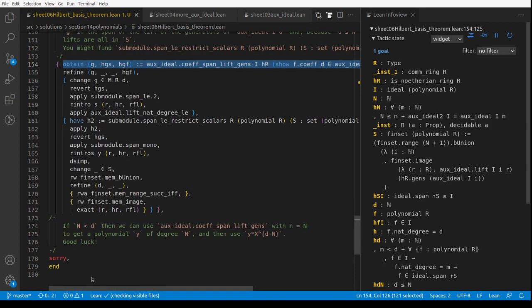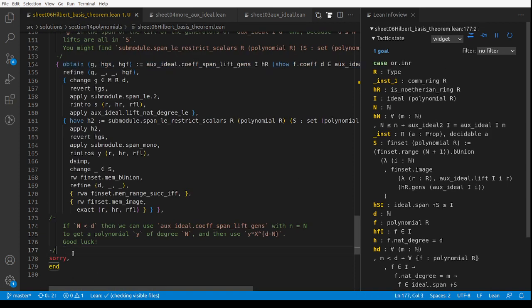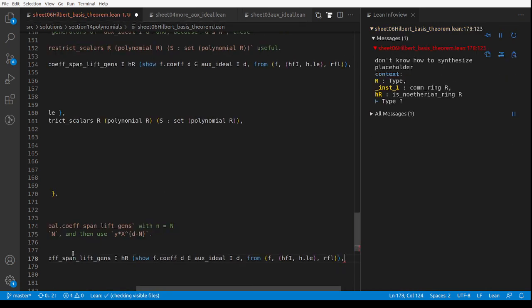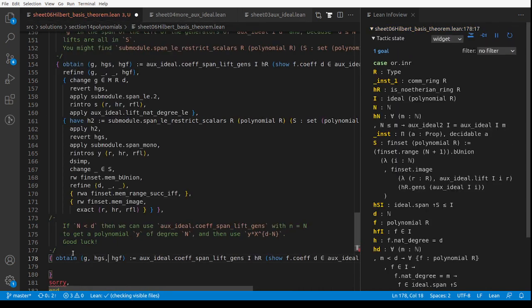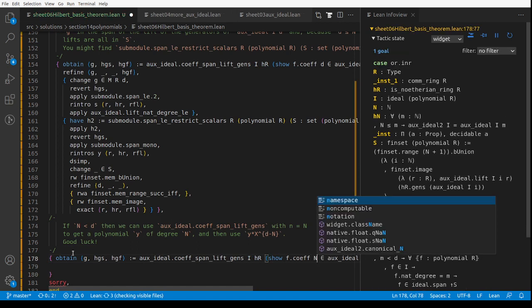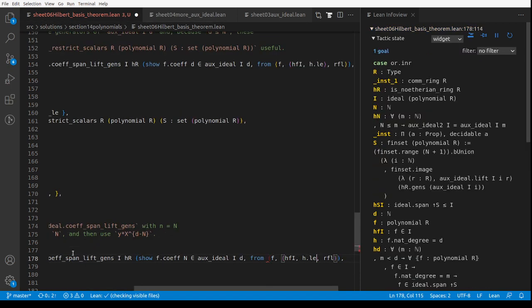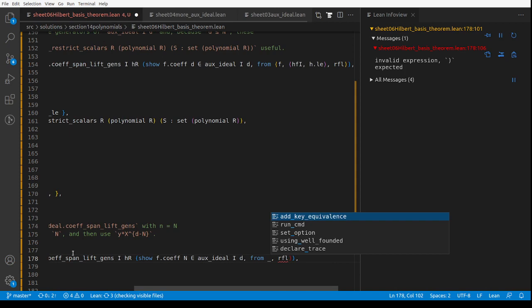But I want to apply it not with... oops. So this is wrong. This should show f coefficient n is in this form, and I'm not going to prove it. And I'm not going to prove that either by the looks of things.